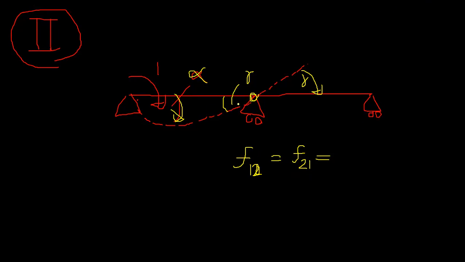So F12 you can determine. Here you are acting the bending moment. You remember F, that is displacement at 2 due to the unit force at 2. You remember that was ML over 3EI. So M is 1, so it is L over 3EI.